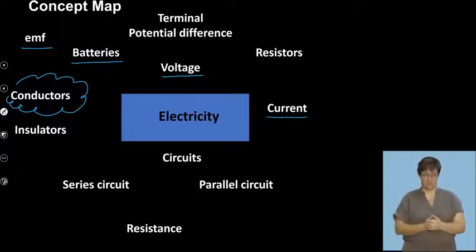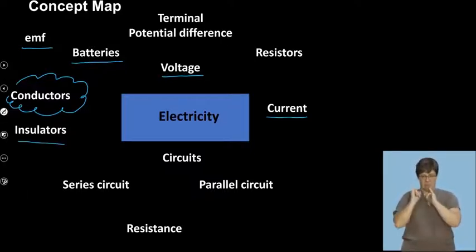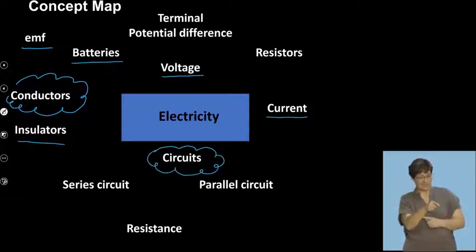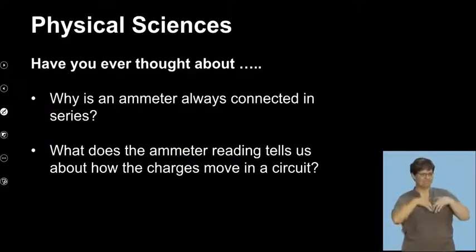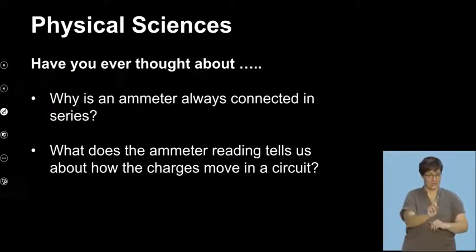So insulators are essentially bad conductors, while conductors are materials that allow charge to pass through, right? So the concept of current will be discussed in electric circuits, right?